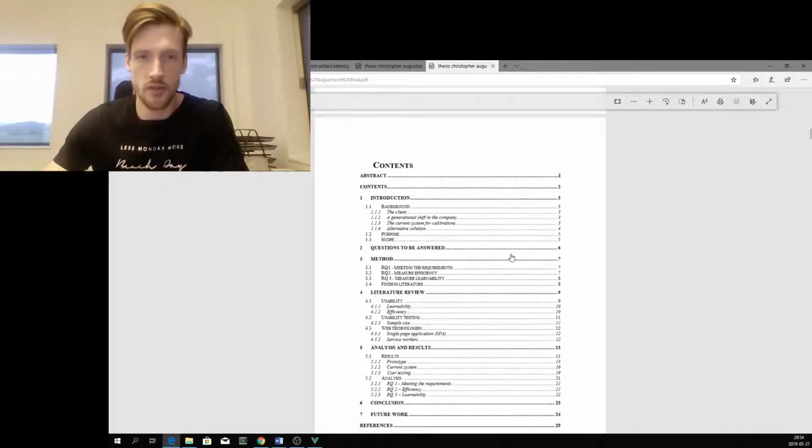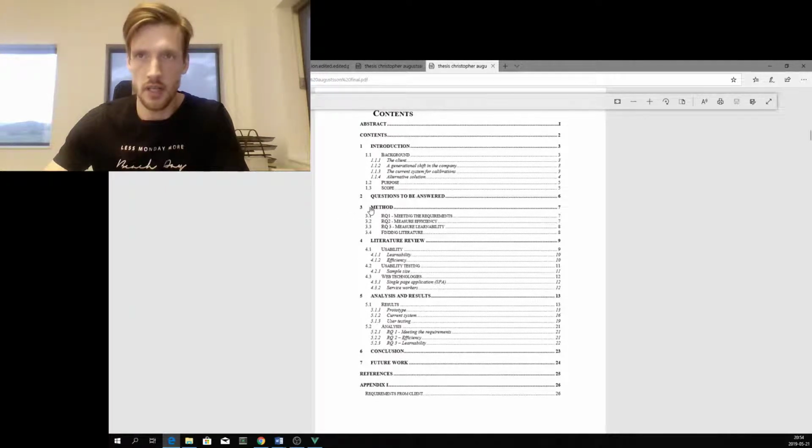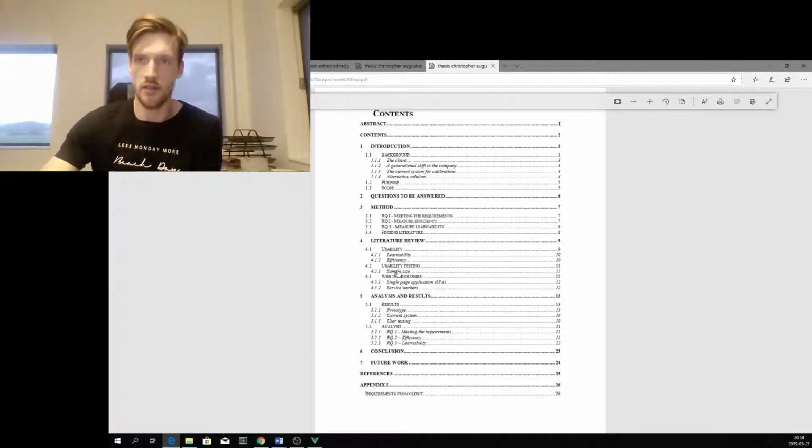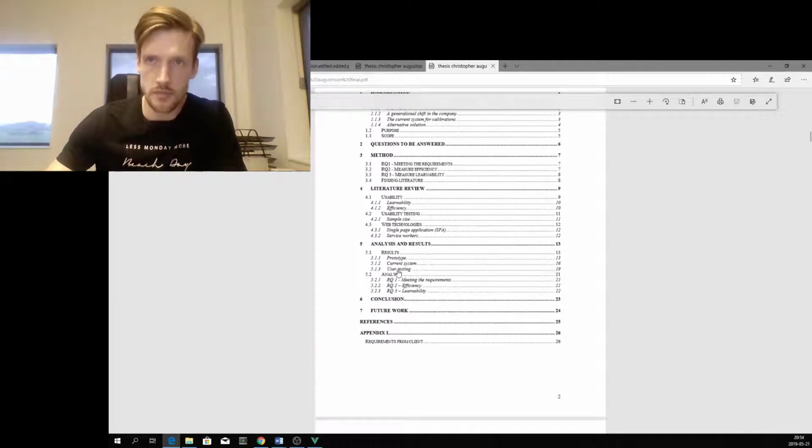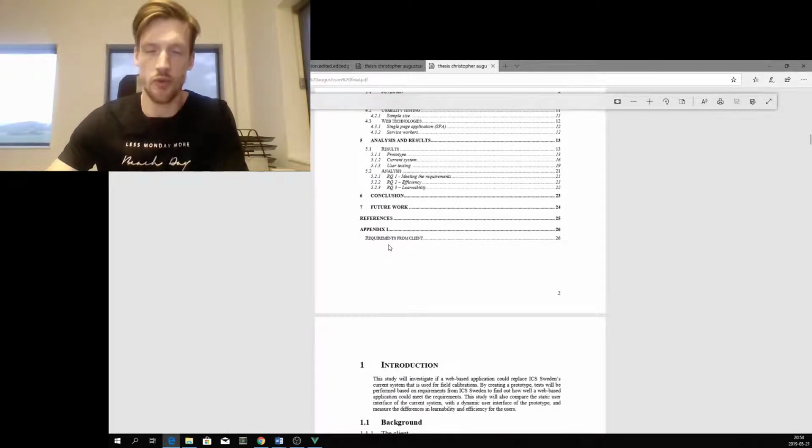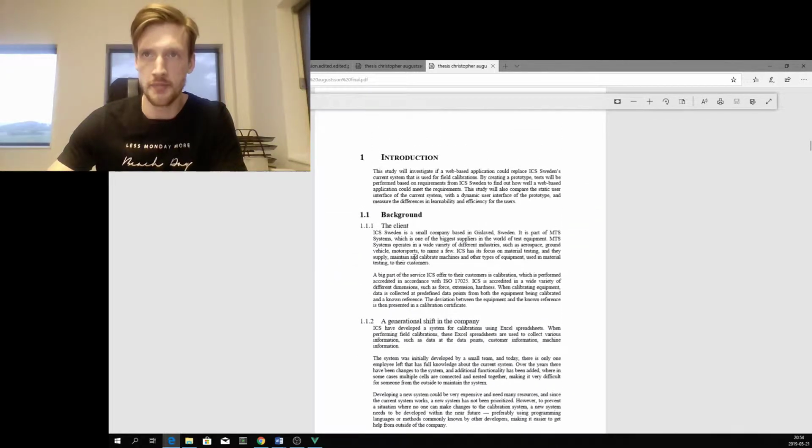Next you will find the questions to be answered, the method to answer the questions, the literature review, where you can find information about basic or fundamental concepts discussed in this study. Analysis and results, conclusions, future work, references, and also an appendix with requirements from the customer.